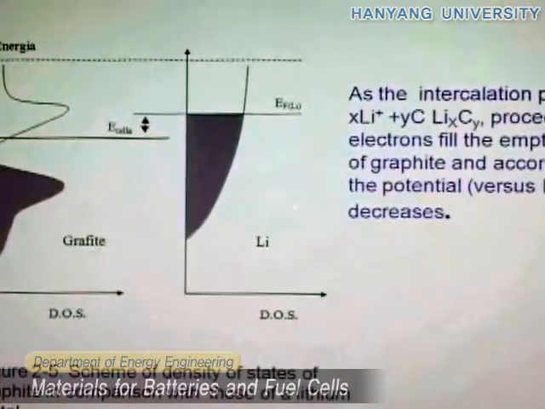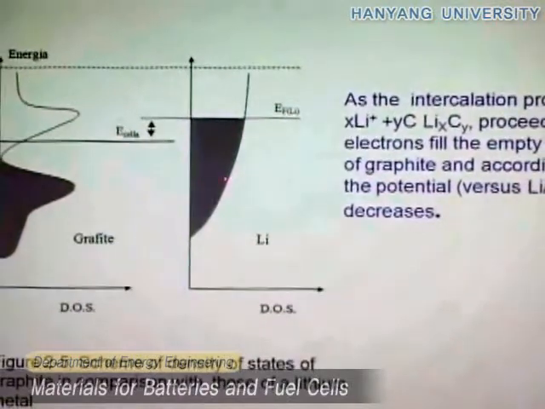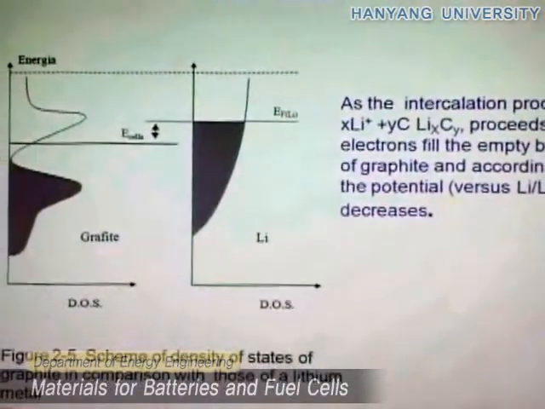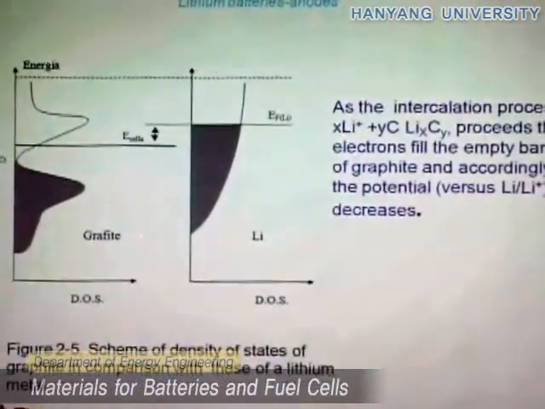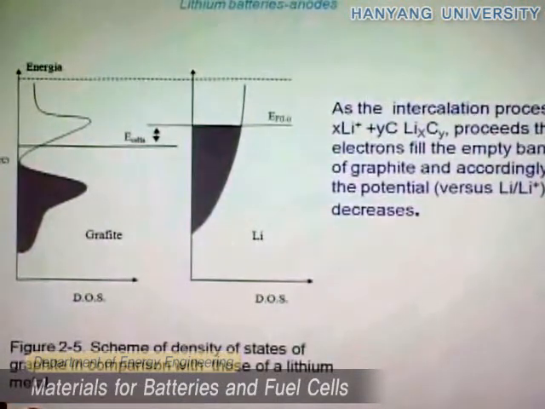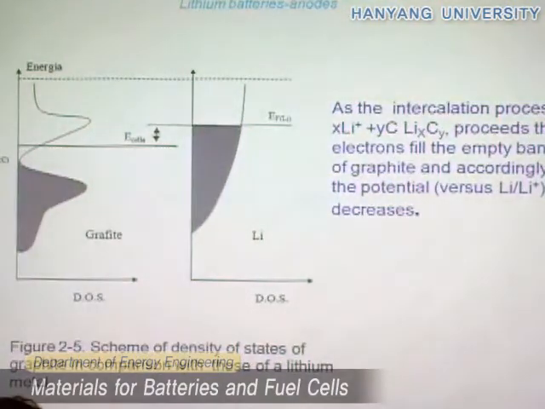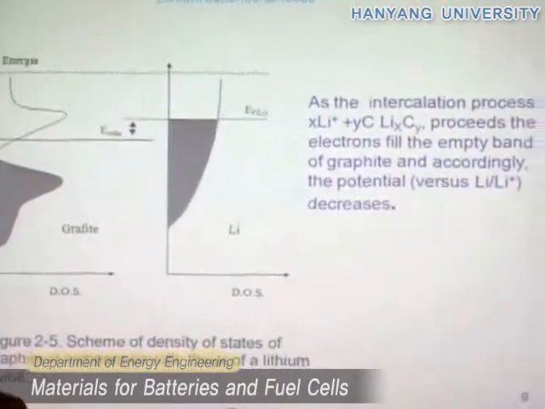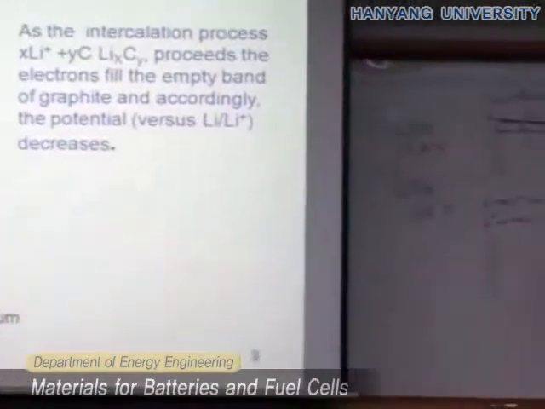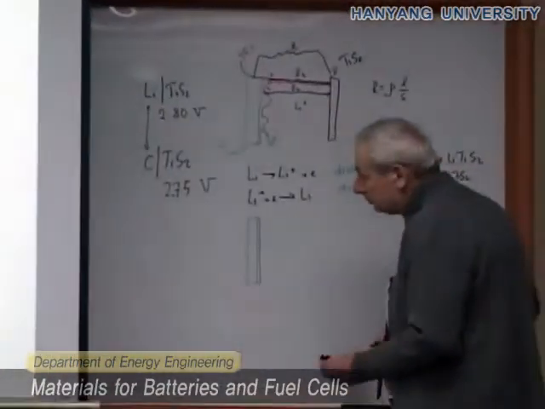So here we see again what will happen for the graphite, and now the graphite is tested versus a lithium electrode. So this is a half-cell, because now we are testing this process.